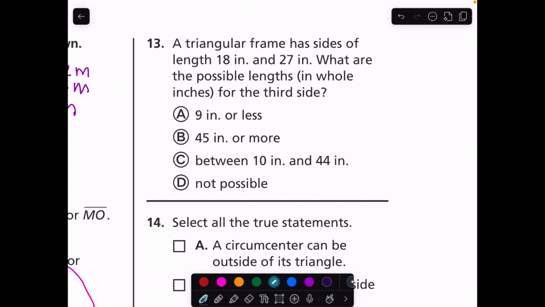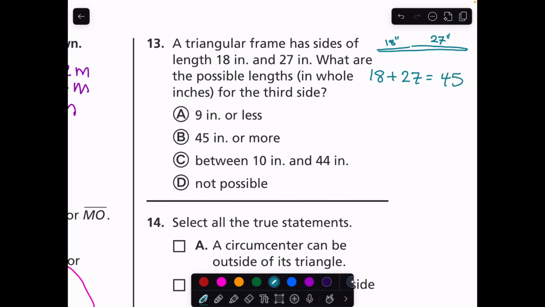Okay, number 13. So we have a triangular frame. I'm going to draw the picture of this. We have two pieces. One is 18 inches and the other one is 27. See how this is almost a triangle? If this is 27 inches, then we have two different types. We can have 18 plus 27, which would be 45, right?